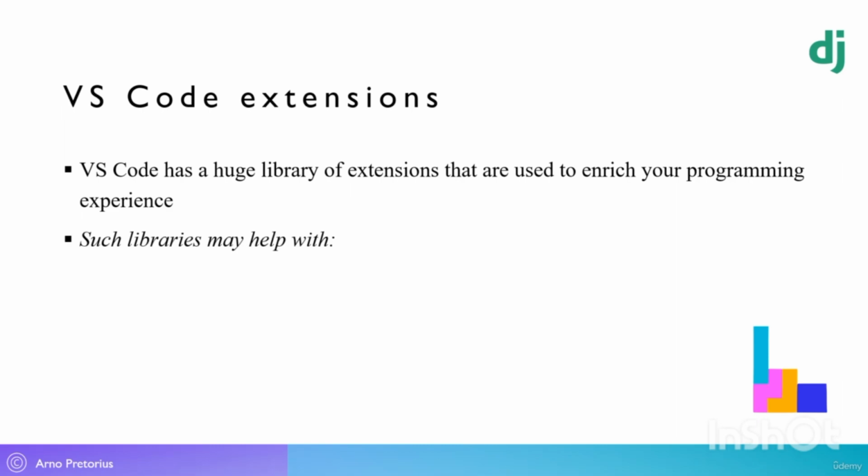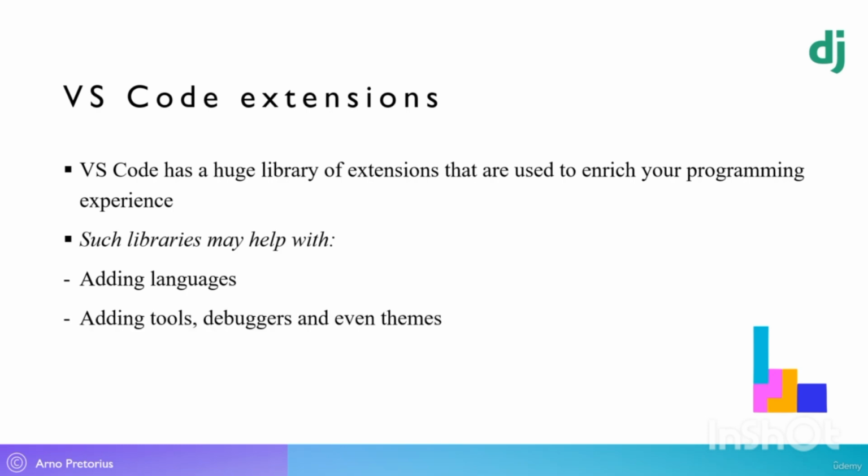So such libraries may help us with adding languages, adding tools, debuggers, and even themes. So what I mean by themes, you can change the design and the color of your Visual Studio Code interface. So it's really something to look into, and I'm just going to go into more practical detail with you in just a moment. But I just wanted to give you a brief theoretical understanding of the Visual Studio Code extension. So let's get straight to the next part.